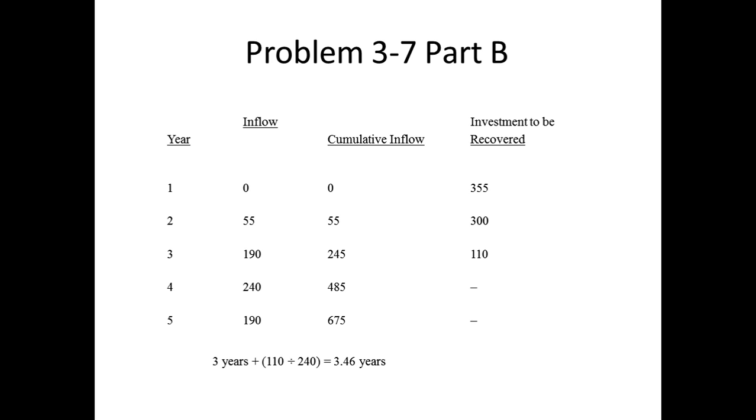So at the bottom you'll see a calculation of the partial year payback of 110 divided by 240. So we have a payback of 3.46 years. So we have a relatively quick payback, positive NPV. We probably have a take signal for this project.